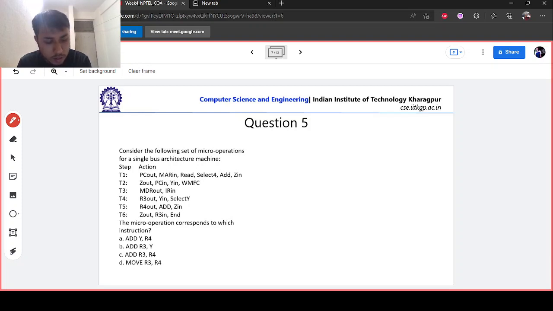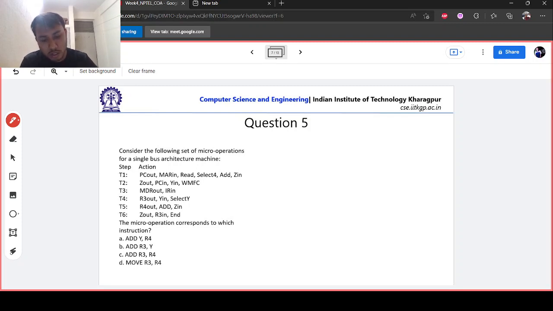Basically, it adds Y to the content of R4, and at step 6 the content of Z is stored to register R3.